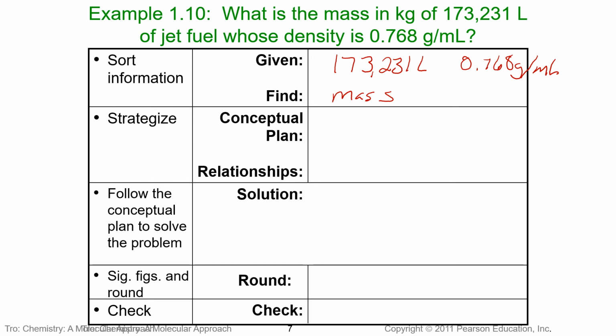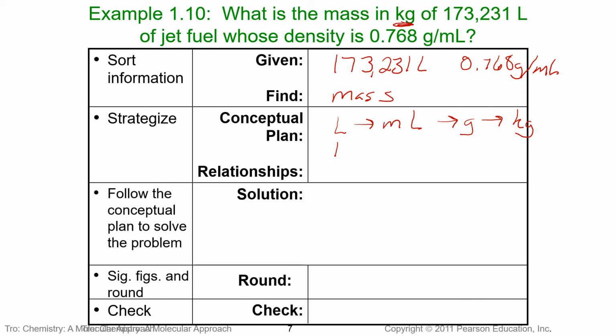So for our conceptual plan, we're going to go from liters to milliliters to grams. And because grams are pretty small, we might want to report this in kilograms, and we're asked to report it in kilograms.